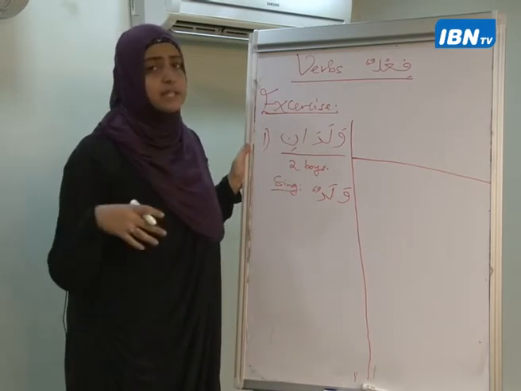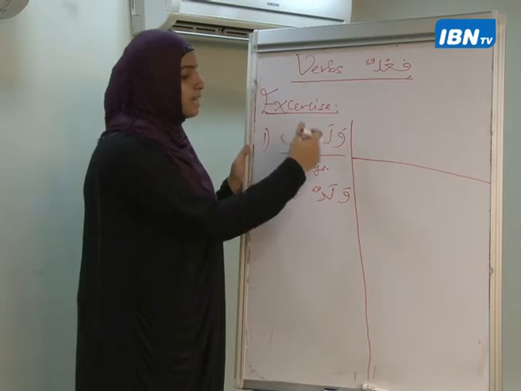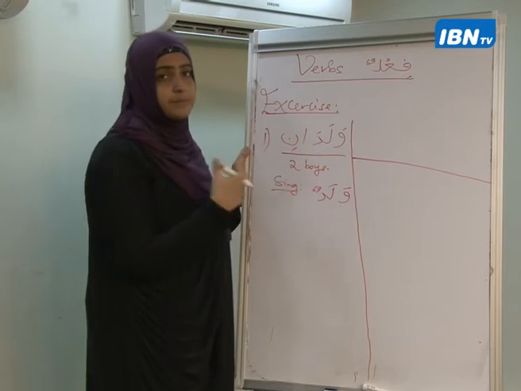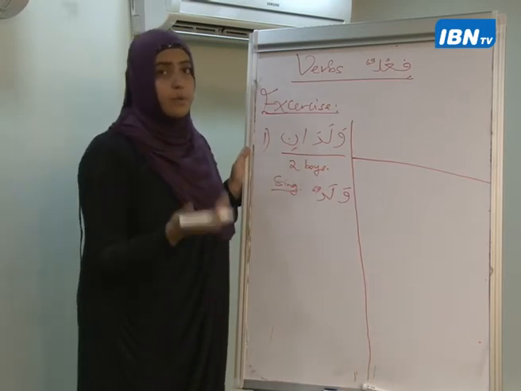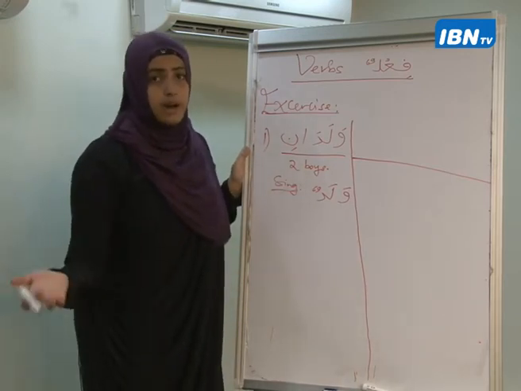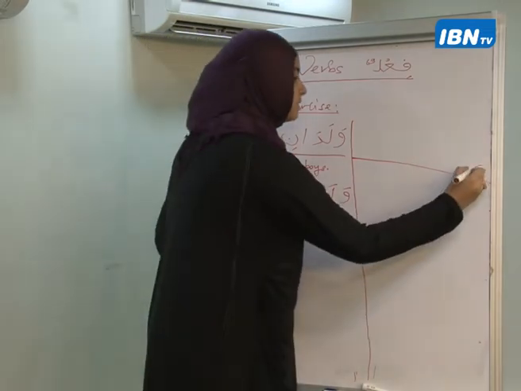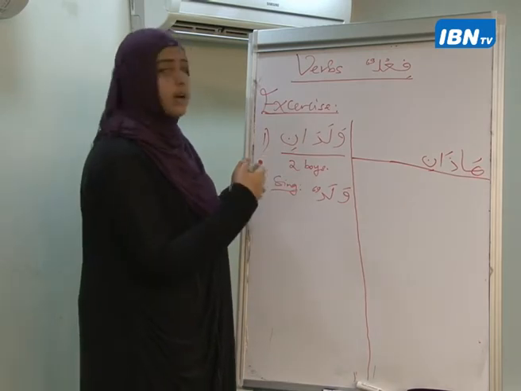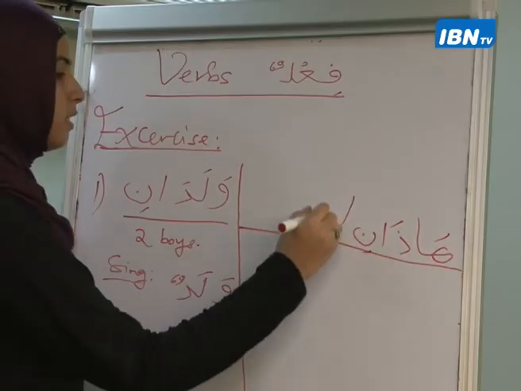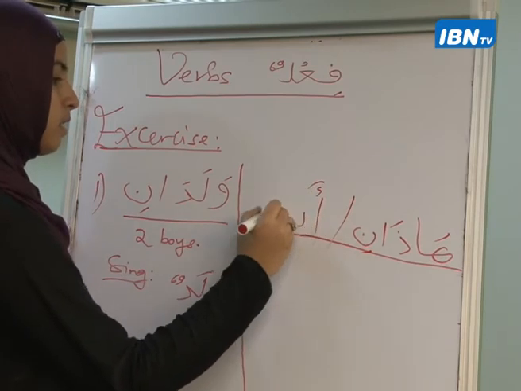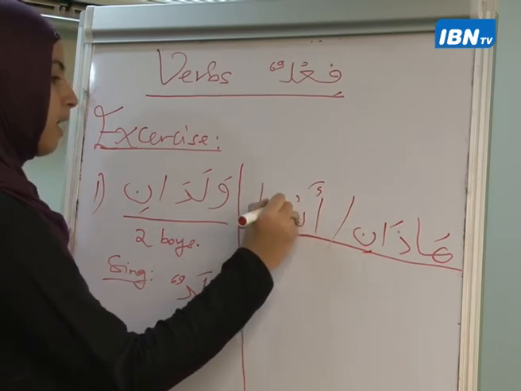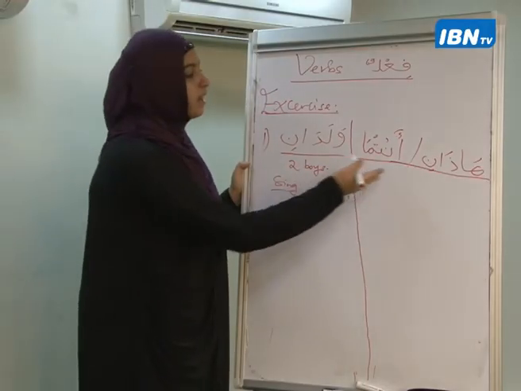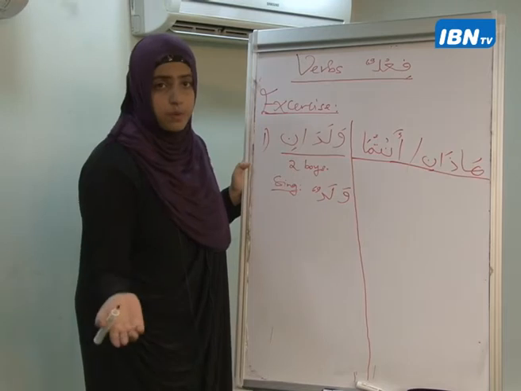Any one of these which you think is appropriate to make it a proper sentence. So I can say hadhani waladani, these are two boys, or I can say antuma waladani, you are two boys, okay?